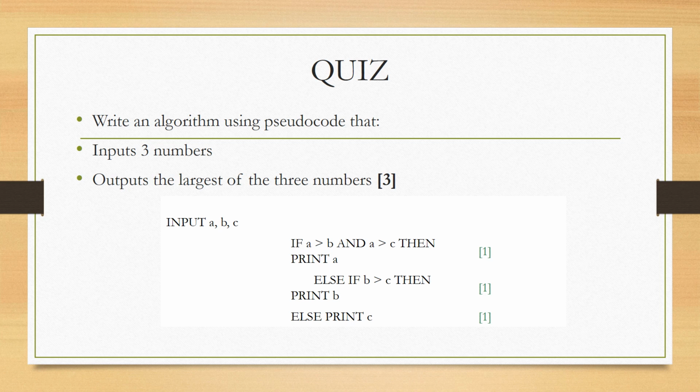As you can see, input A, B, C, and then we have specified if A is greater than B and A is greater than C, then print A. Else if B is greater than C, then print B, else print C. And I made a mistake over here. I need to specify an if as well. You can correct it by yourself.